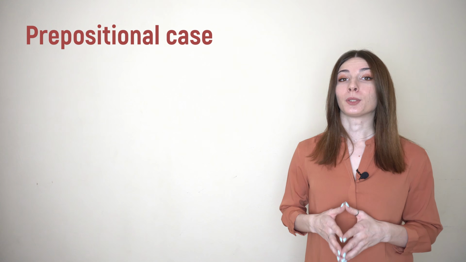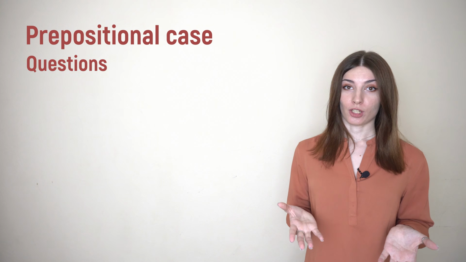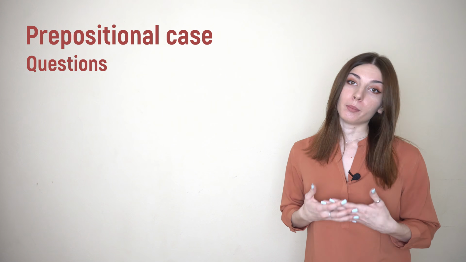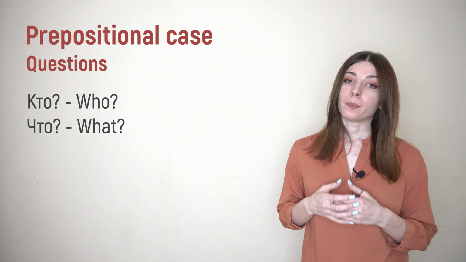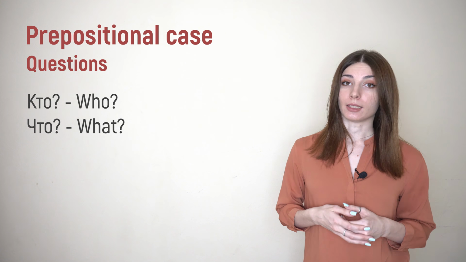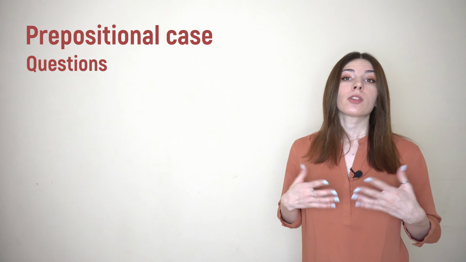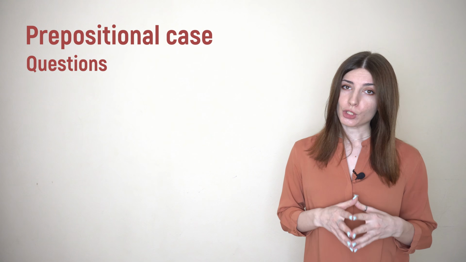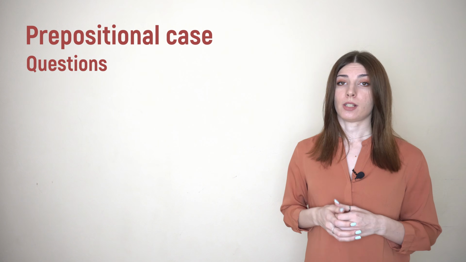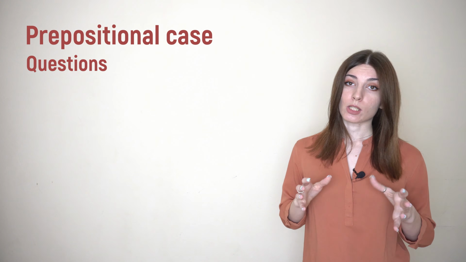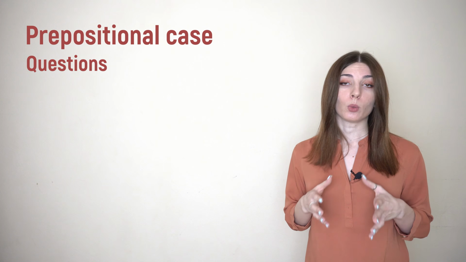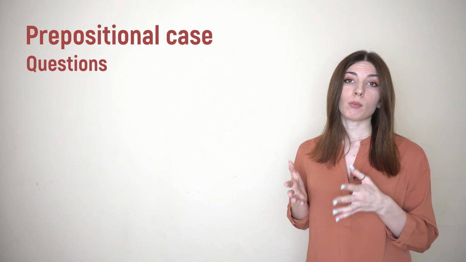Then, another important part is question. So we know our basic questions. Кто, что. But when you need to ask, for example, what are you thinking about? In English, you put this about at the end of the sentence. We put it at the very beginning, and that's why we cannot keep the word что in the same form.